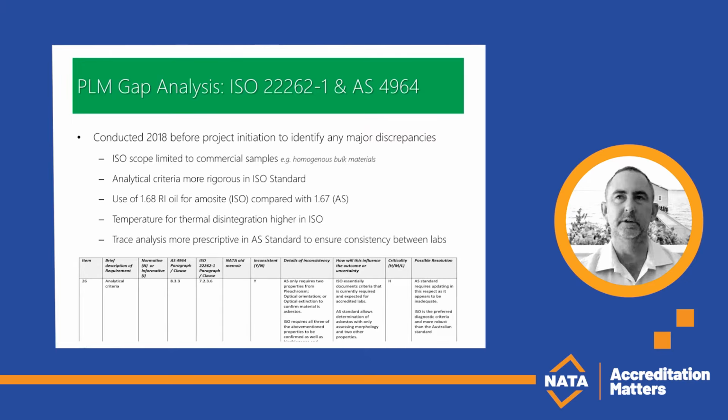Other changes included different refractive index oils and higher temperature limits when disintegrating samples prior to analysis. And additionally, the Australian standard has a more prescriptive approach to trace analysis by using the 5 fibre rule on each slide to determine significant asbestos levels for reporting, where the ISO standard essentially just said to take a pinch and put it on a slide and see if you could see any asbestiform fibres in there.